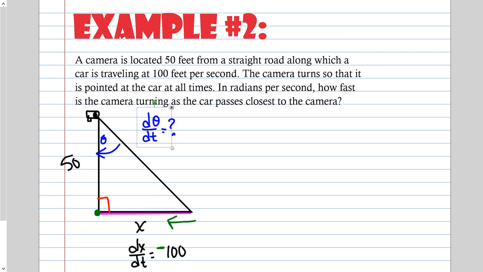Now once again, I do not know what my angle is. Okay, well at least it wasn't just blatantly written in the problem. But if you think about it, the camera's just open, right? But if it rotates all the way to right here, the closest point to the road, my angle, you can consider it as being 0.